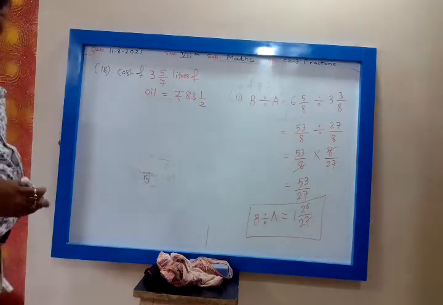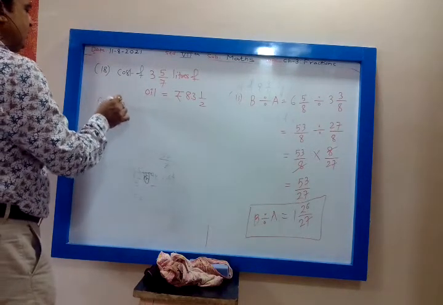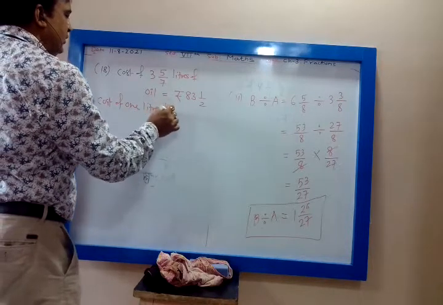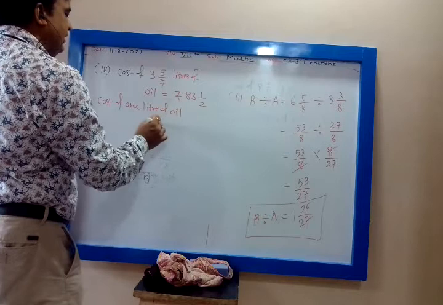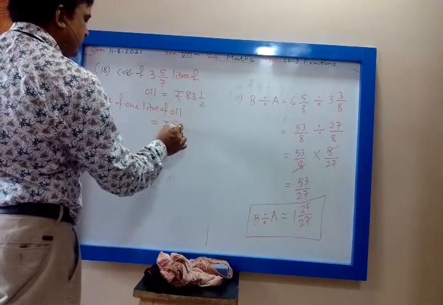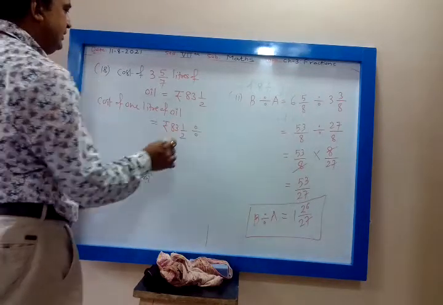Find the cost of 1 liter of oil. So cost of 1 liter of oil, we divide total cost 83 1/2 by 3 5/7.